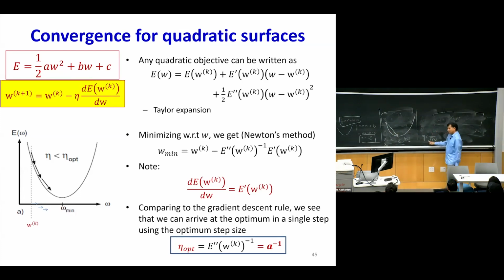If my eta is less than this term, what happens? It doesn't quite reach. If eta is less than the optimum, you need more steps. So I'm going to go here and here and here, and I'm going to go down. If eta is greater than 1 over f double prime, what's going to happen? It misses the optimum.